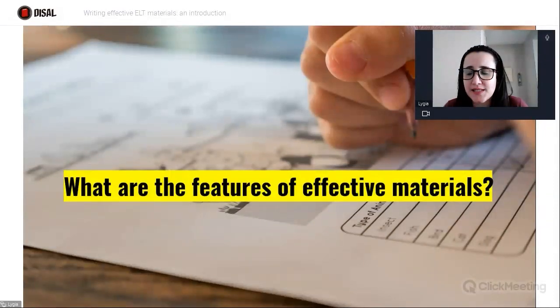So Luis has mentioned instructions. So clear instructions are a feature of effective materials. Interesting. Luis, we'll talk about instructions today as well. Fernanda is saying that topics or content which is up to date is also important.